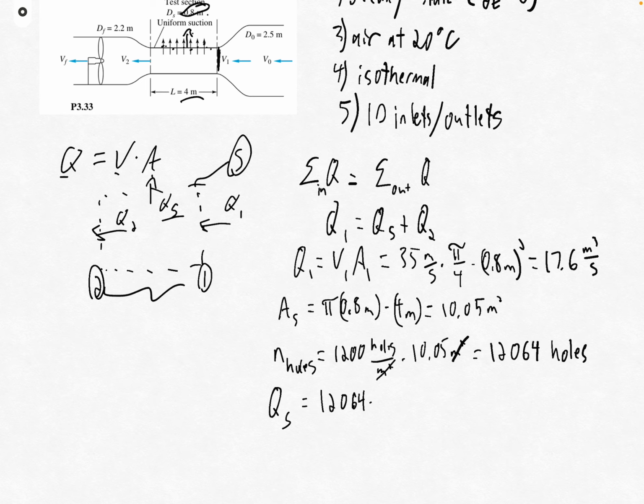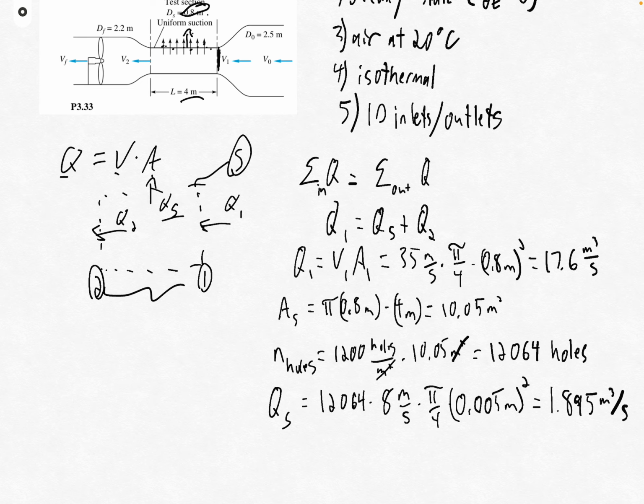Flow rate per hole is going to be velocity times area. So it's going to be 8 meters per second times pi over 4 times 0.005 meters squared, and that's 1.895 meters cubed per second.